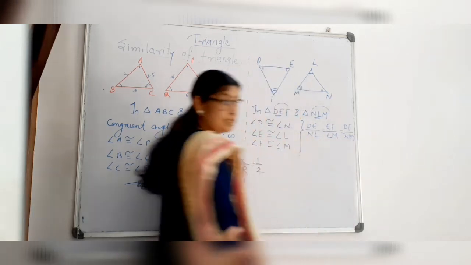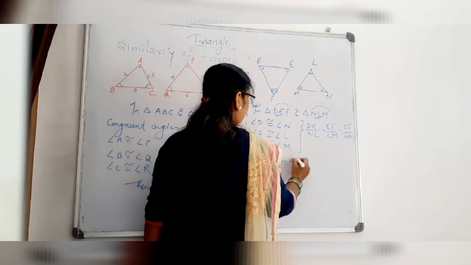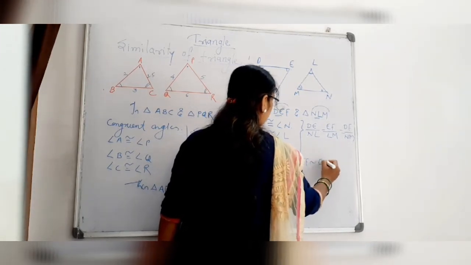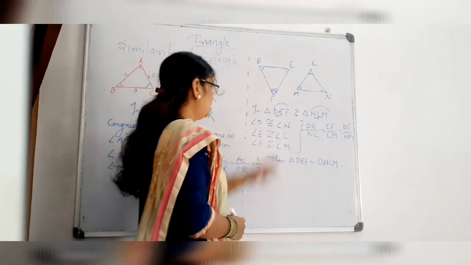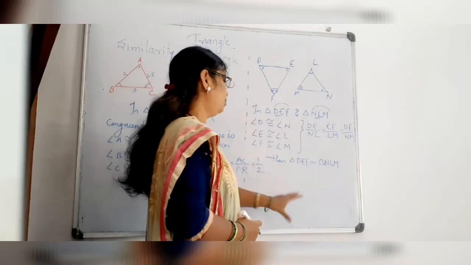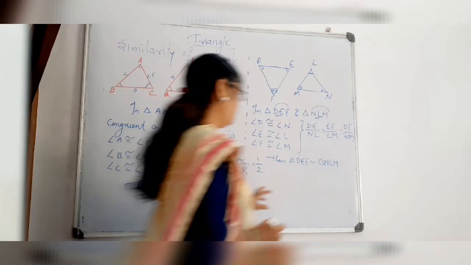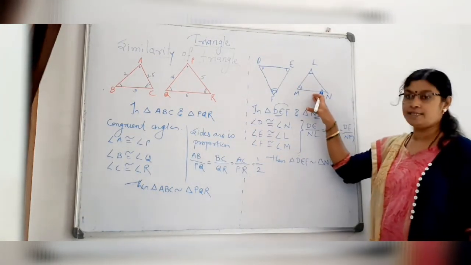If these conditions are satisfied, then we say that triangle DEF is similar to triangle NLM. You have to see the correspondence, see the signs, and then write down the similar triangles. So write down this similarity of triangles and the example.